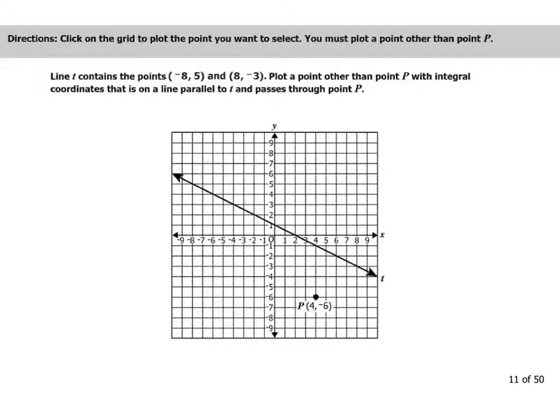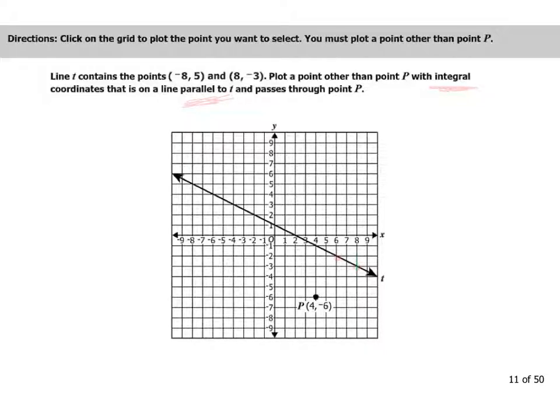Okay, if you see problems like this where they talk about integral coordinates, that means they don't want any answers as a decimal. And if it's going to be parallel to line T and pass through point P, then we need the same slope. So I'm going to pick 2 points here and here. And what I'm going to do is I'm going to do a rise and a run.